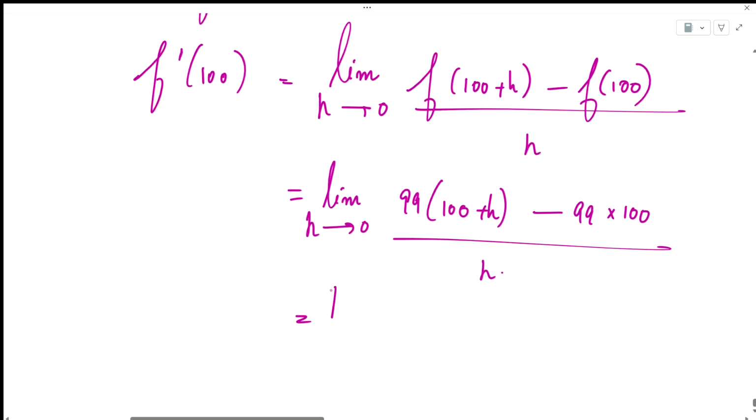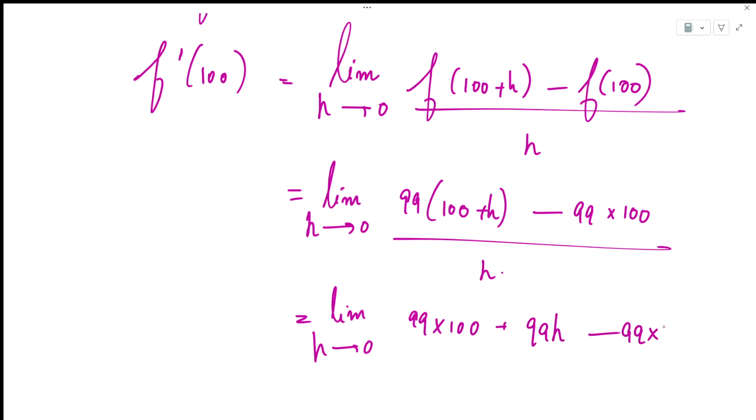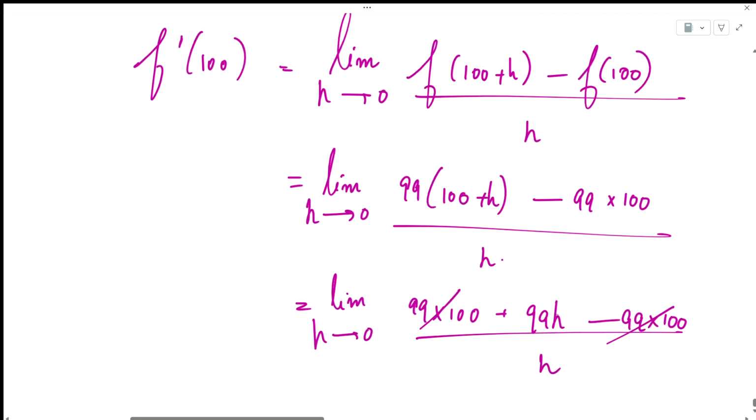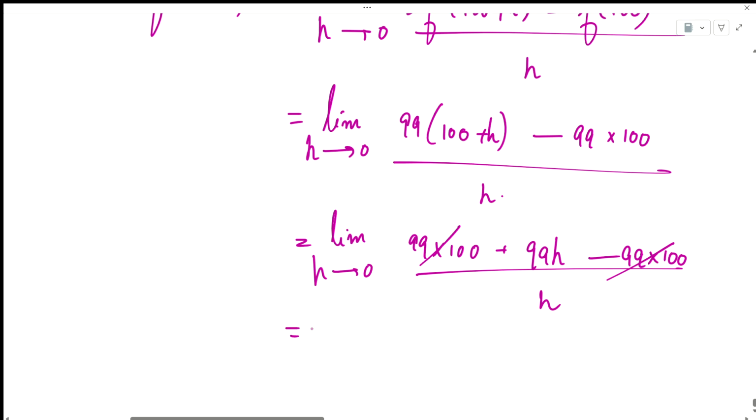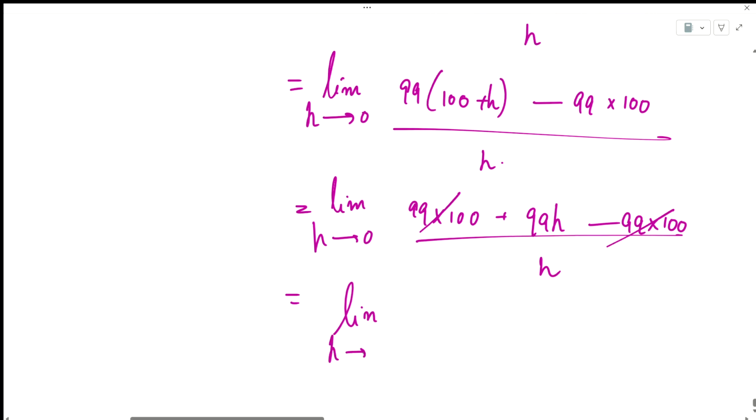So this will be limit h tends to 0, 99 into 100 plus 99 into h minus 99 into 100 divided by h. This and that cancel. I can also cancel the h's out, so this will give me limit h tends to 0, 99h by h. H and h cancel out, so I'm gonna have simply 99.